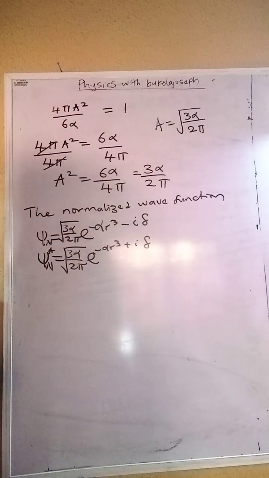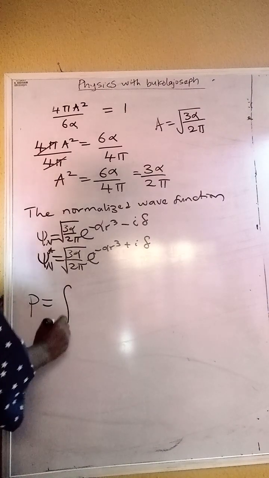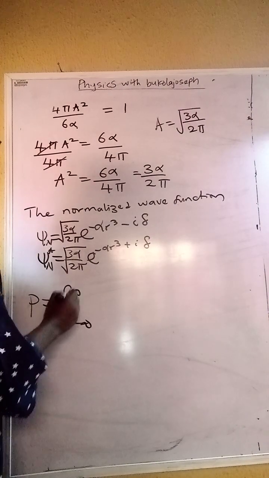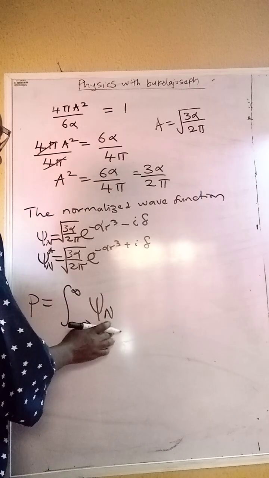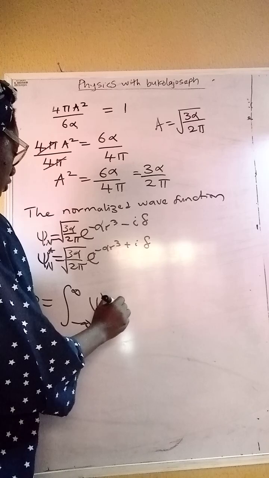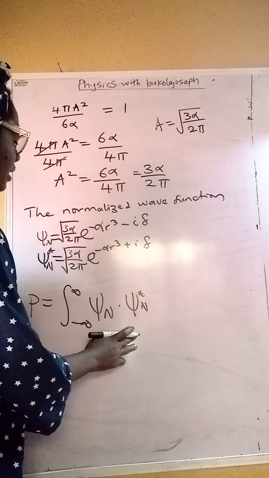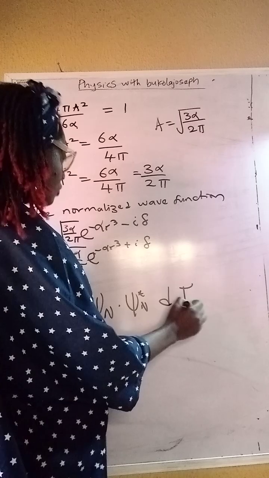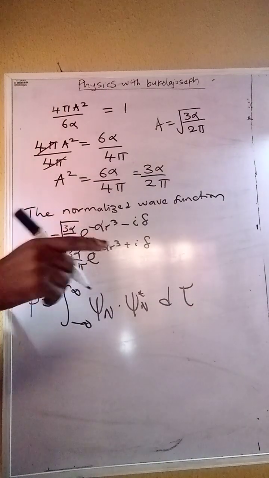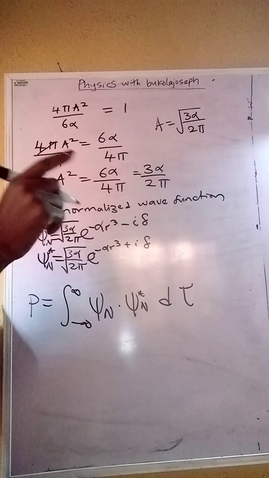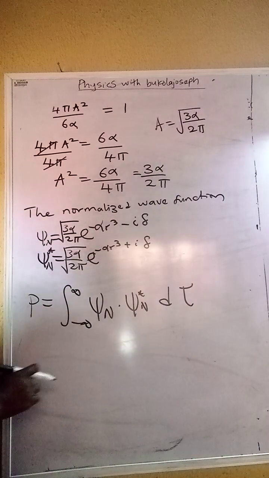P is equal to the integral from minus infinity to infinity of psi n, that's the normalized wave function, multiplied by the normalized conjugate of psi, d tau. I hope you still remember what d tau is. We're given it as 4 pi r squared dr. So we are going to be substituting this into this equation.